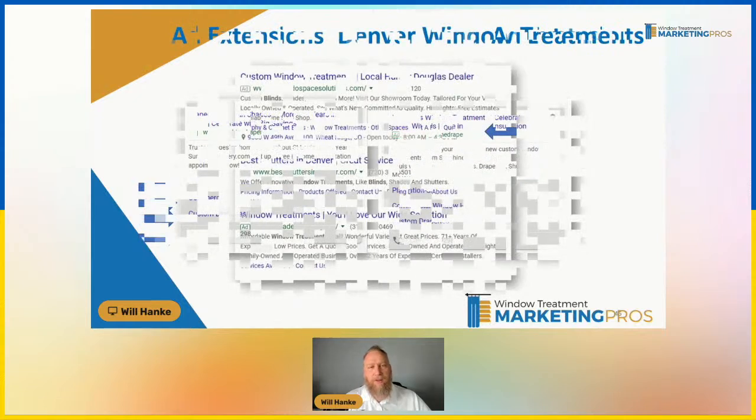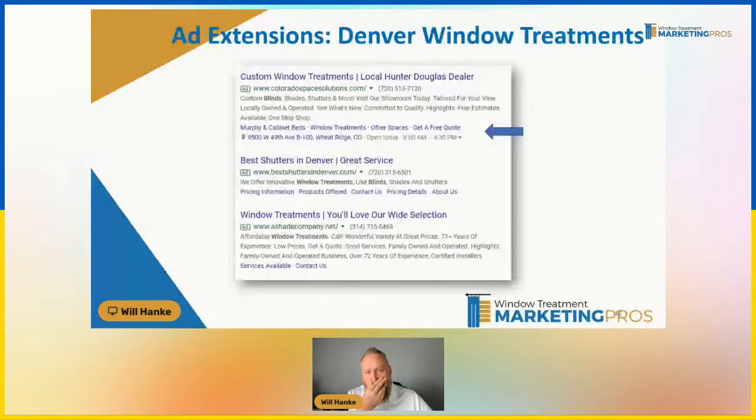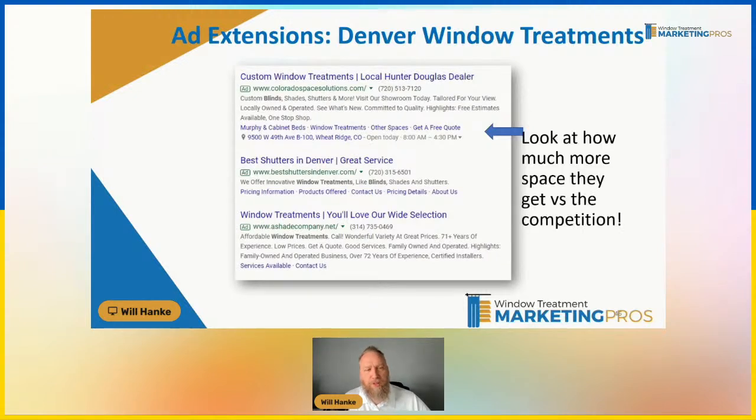Here's an example of a company in Denver who uses the ad extensions, and just check out how much more real estate they're getting versus their competitors who are paying nearly the same amount, and running ads up against these guys. But just because they have those ad extensions put in there, they're getting more real estate on Google, and that means more potential eyeballs.